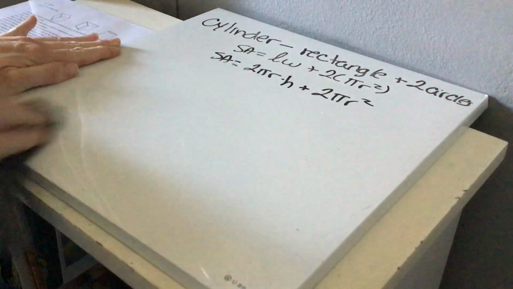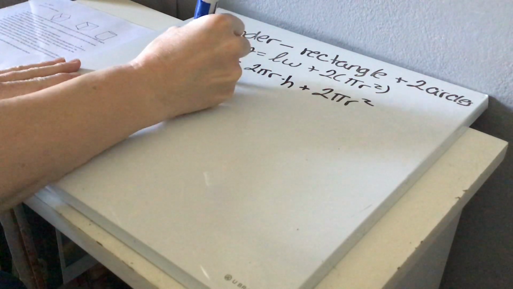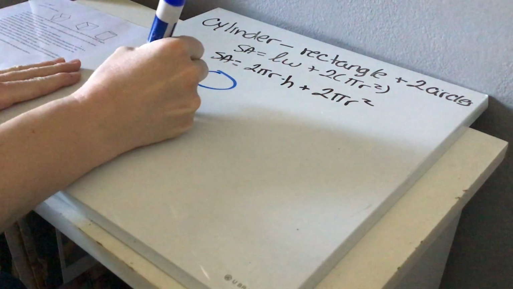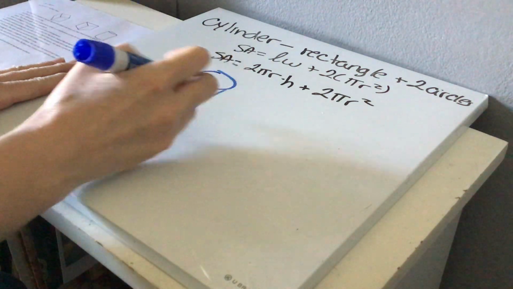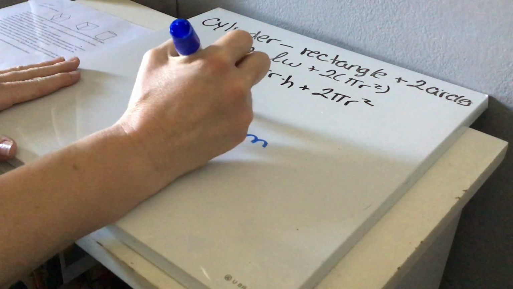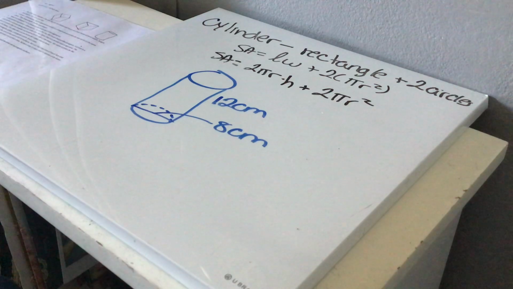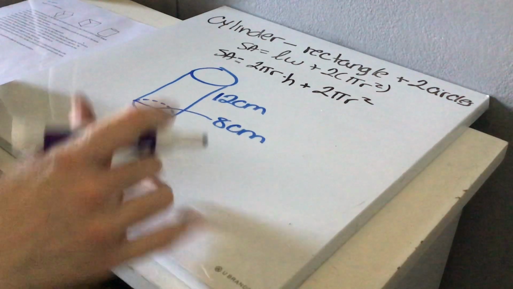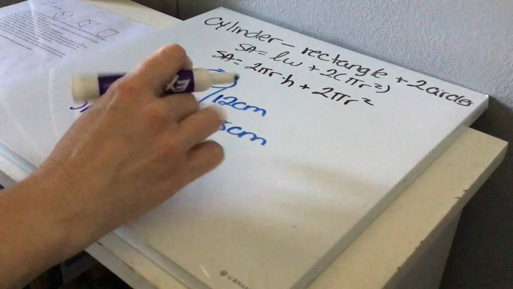Then if we have a cylinder with a circular base, the diameter is 8 centimeters, and the height of the cylinder is 12 centimeters. The surface area is going to be 2 pi times the radius.